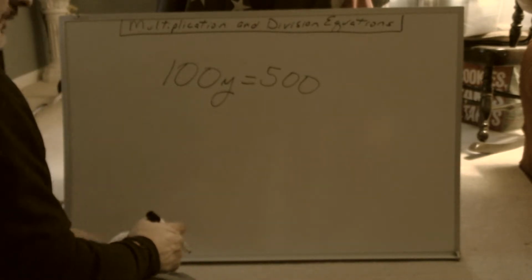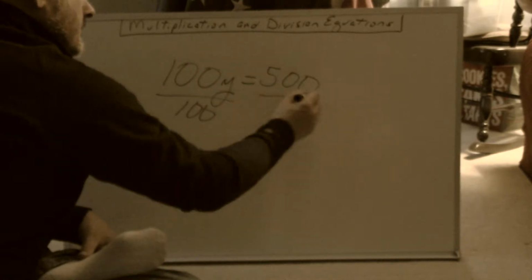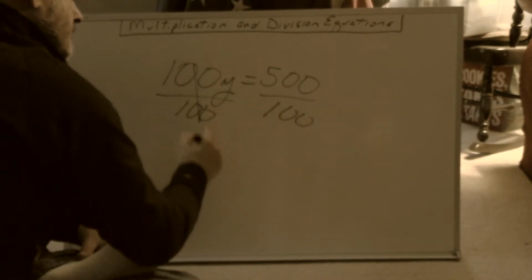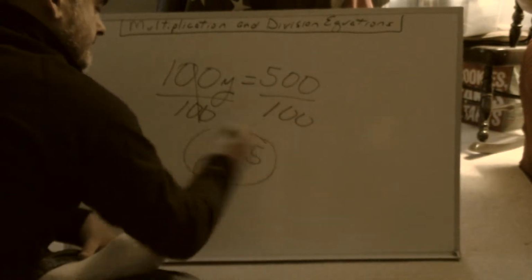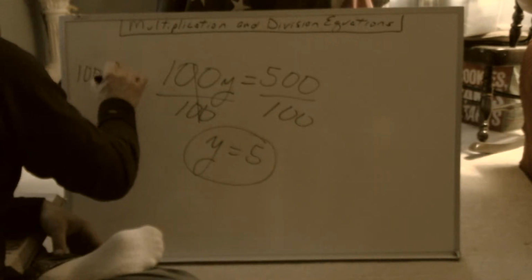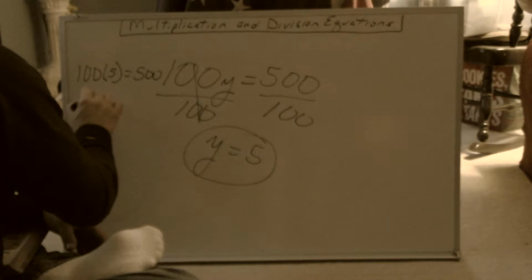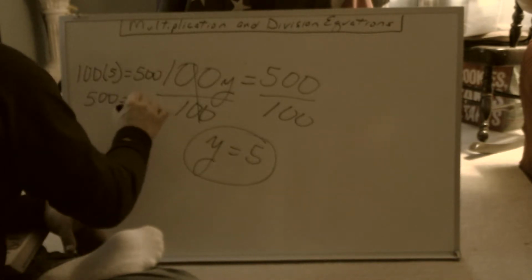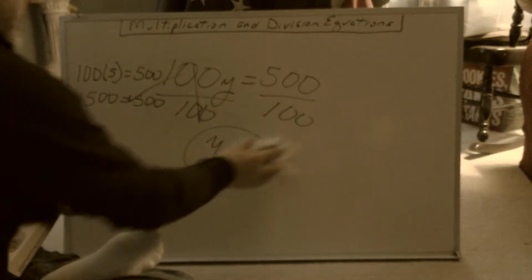But let's pretend we don't know. So then we do the inverse operation. Watch what I do. 500 divided by 100 is 5. If we want to check it, we go 100 times 5 equals 500. And 500 equals 500. Check.